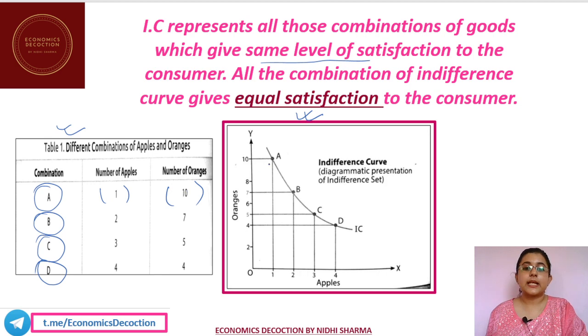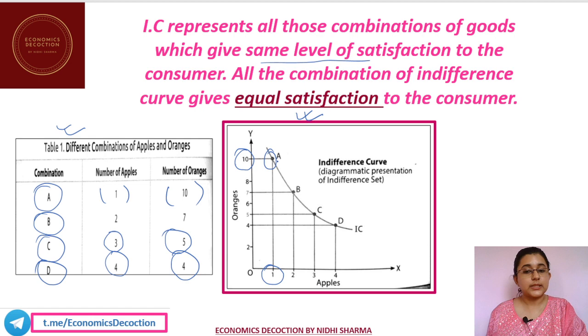The same thing has been plotted in this graph, where combination A shows 10 units of oranges and 1 unit of apple. Similar is the case for combinations B, C and D, which represent 2 units of apples and 7 units of oranges, 3 units of apples and 5 units of oranges, and 4 units of apples and 4 units of oranges. And they have been plotted on a 2-axis graph.